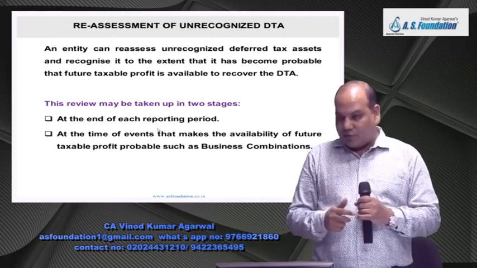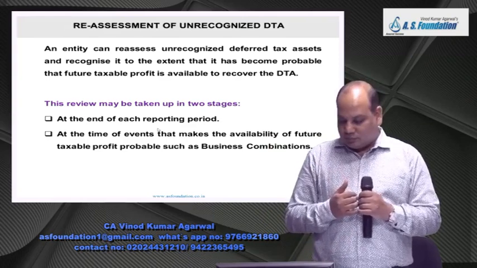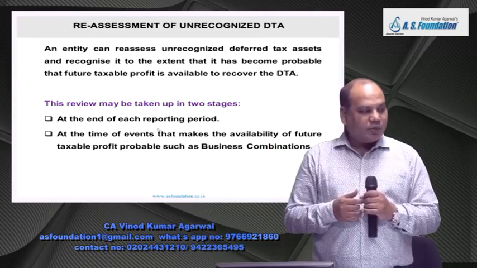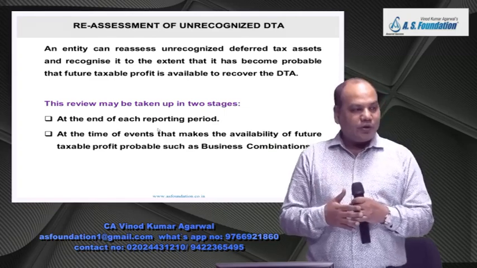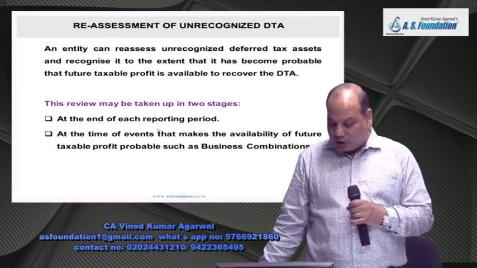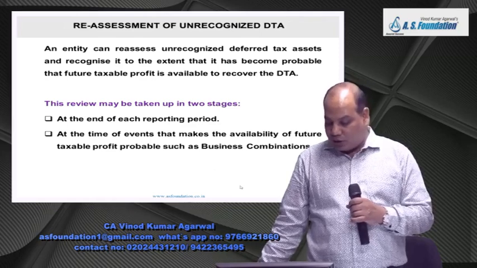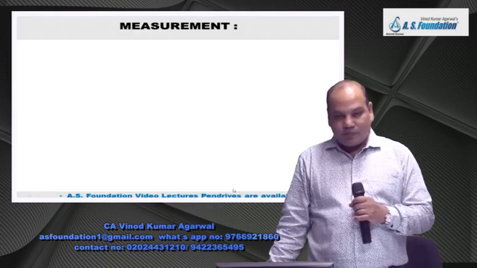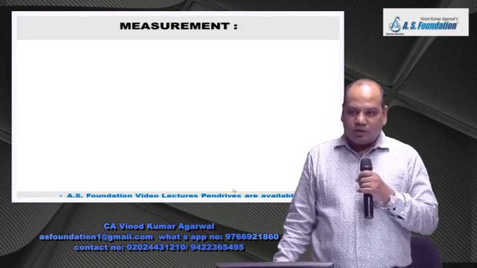After this event, the company thinks there may be future profit. After a business combination, your profitability may go up because of the benefit of synergy, benefit of good management. Therefore, in that case also, you will sit down, take a review, and you may recognize previously unrecognized DTA.